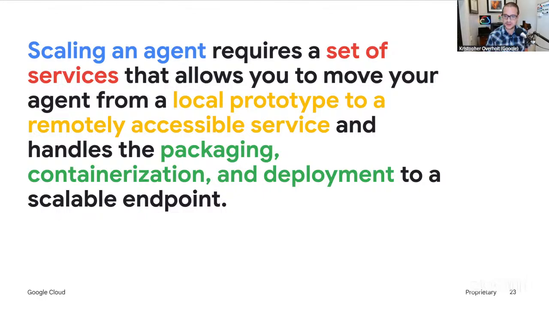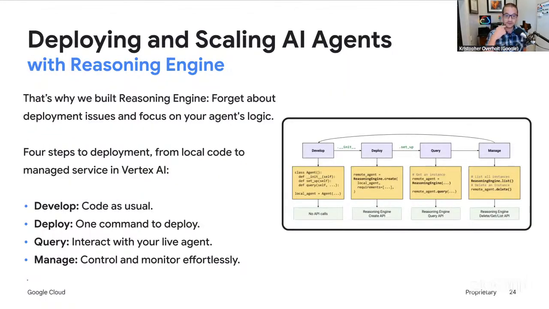But luckily, we've made it easy for you with a service called Reasoning Engine. This streamlines the process from I have an agent, I built it, it works on my machine, how do I share it with the rest of the world? Reasoning Engine has templates for LangChain. We're working on LangGraph templates. So it's something you can drop in, and you can find a lot of these code examples.